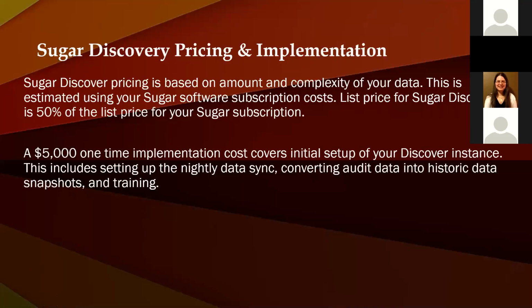Okay, SugarDiscover pricing. List price for SugarDiscover is 50% of the list price for your Sugar subscription. We just have to have a conversation about that pricing and go from there.